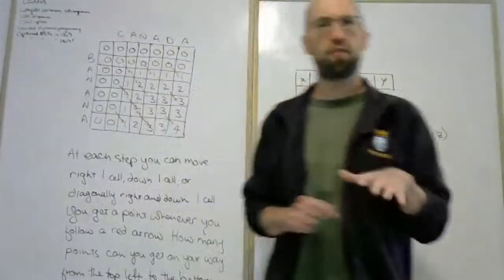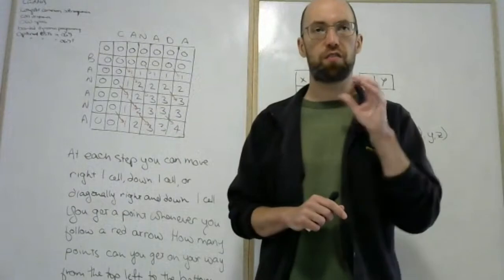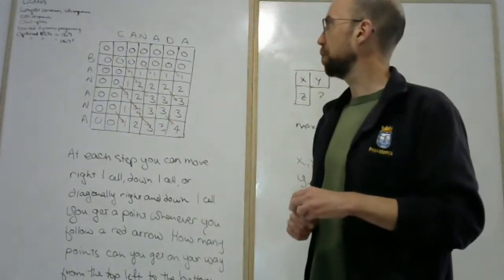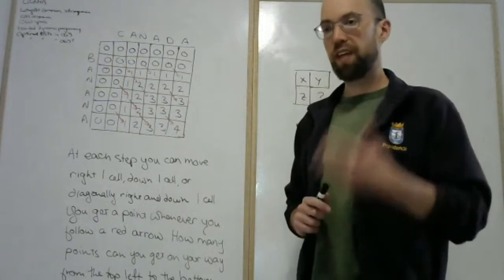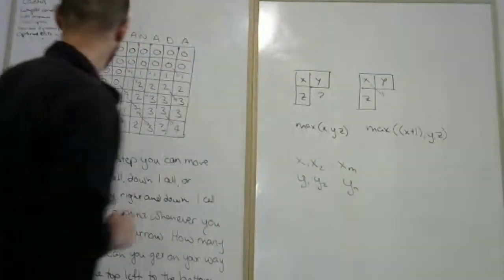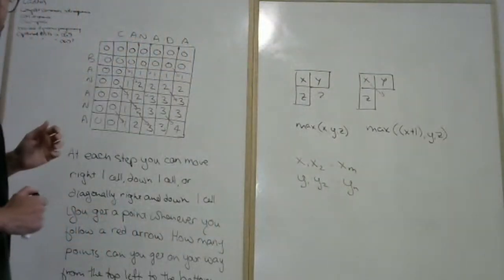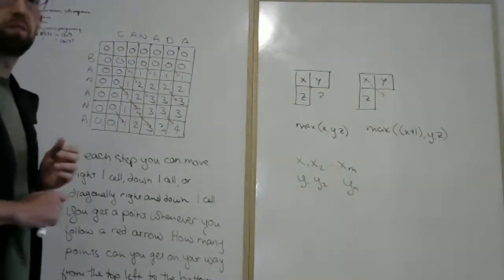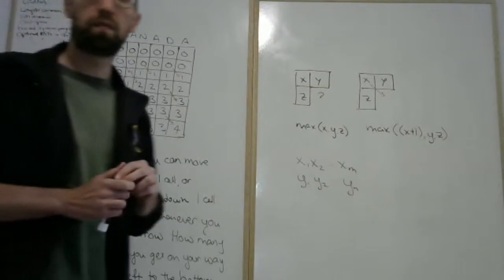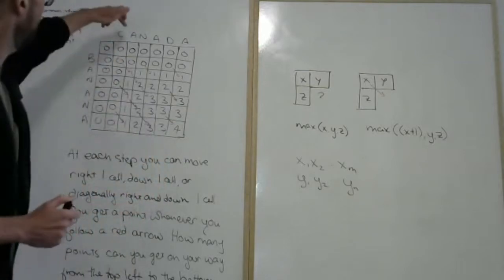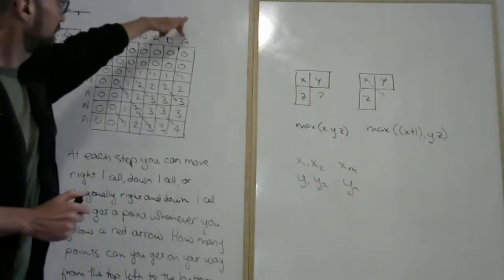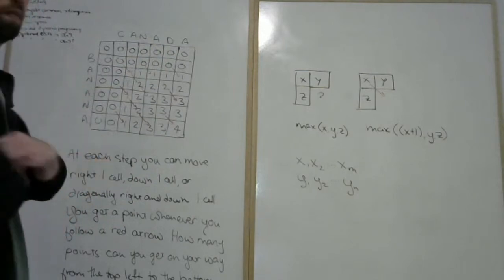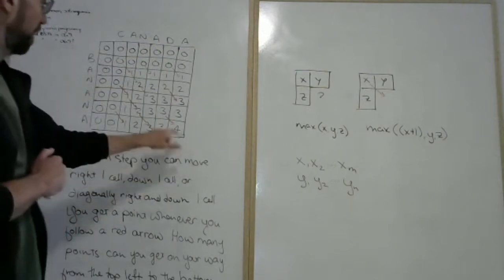In case I say longest common substring, I mean longest common subsequence. So what is the longest common subsequence of Canada and banana? Well, it's ANAA, right? Because there's an ANA and an A, and ANAA. And it's 4.